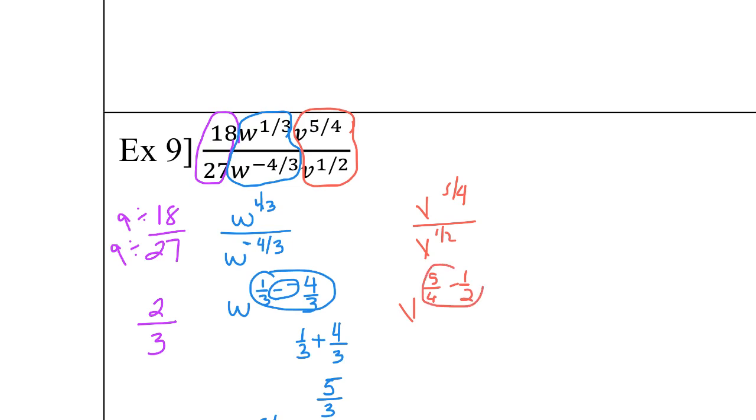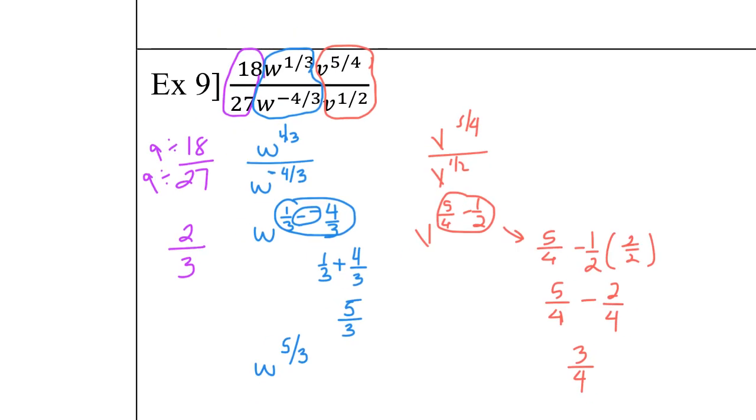I'm going to do it over here. 5 over 4 minus 1 over 2. I need common denominators to complete this. So multiply by 2 over 2 to get a common denominator of 4. 5 minus 2 makes 3 over 4. So my v section is equal to v to the 3/4.